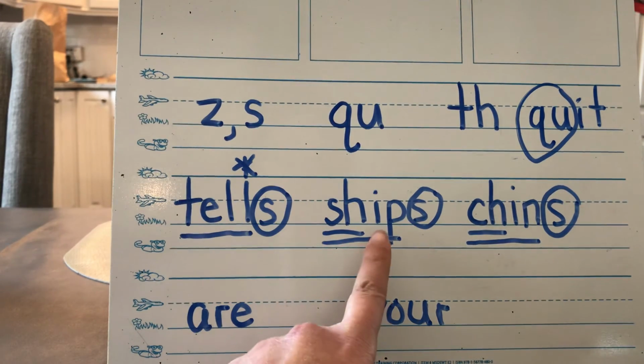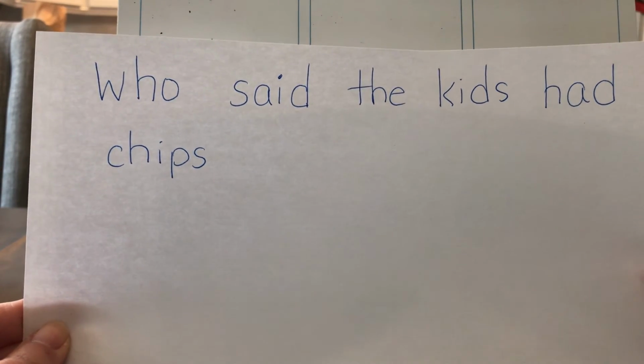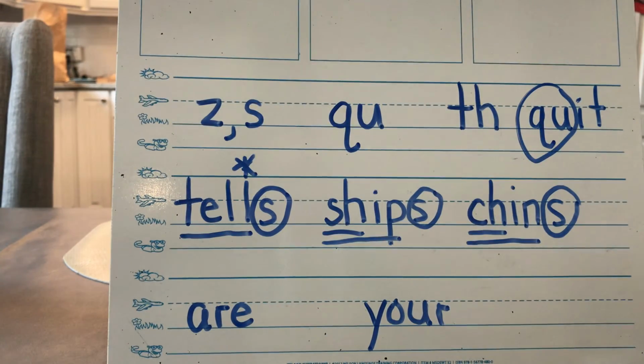Now I can copy the rest of ships. I-P-S. So now I have who said the kids had chips, my last 2 words, and dip. So what's and? A-N-D. And dip. D-I-P.